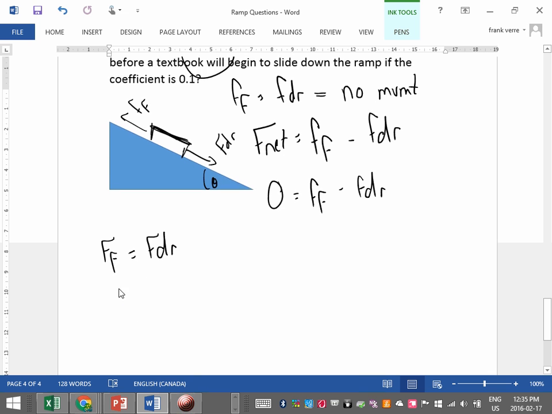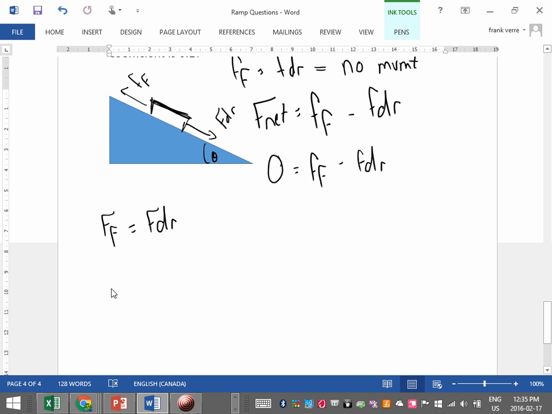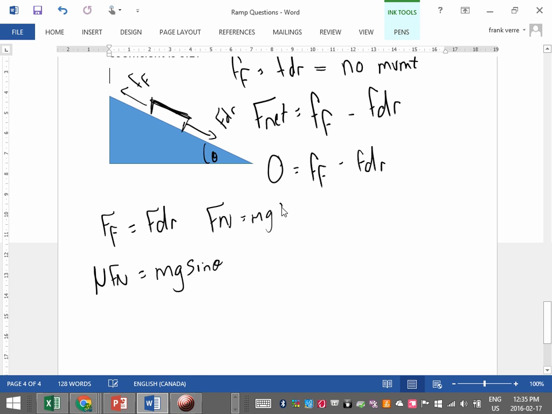Now, how do we define FF again? FF is the same as mu Fn. And FDR was the same as mg sine theta. But we said that Fn is actually mg cosine theta. So if we plug that in here, we get this.